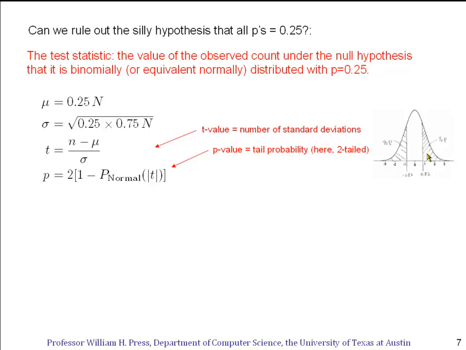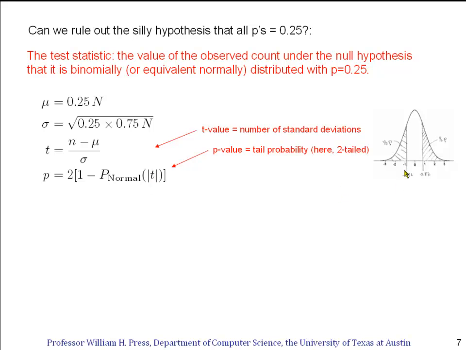So if we want the area of the right-hand shaded region, for example, if the t-value were right here, that would be 1 minus the cumulative distribution function at that value of t. And here I'm giving the example for positive t, so it doesn't matter if I put in absolute value of t. And here I have that 1 minus the cumulative distribution function up to the value t.